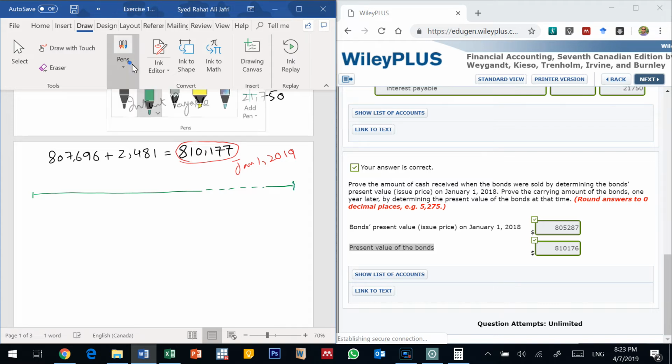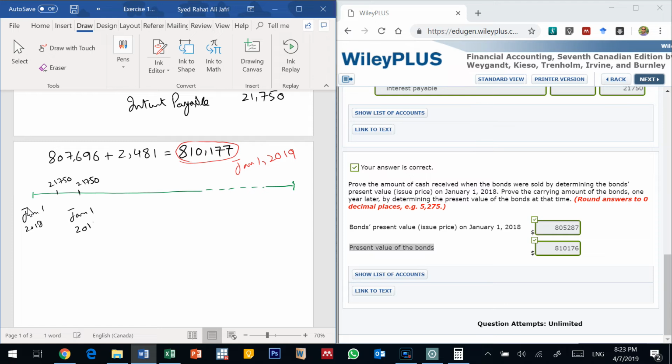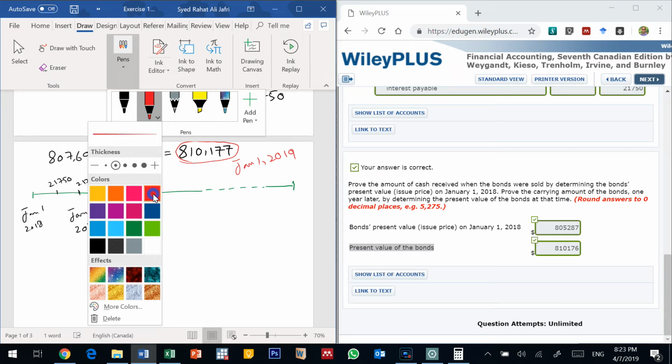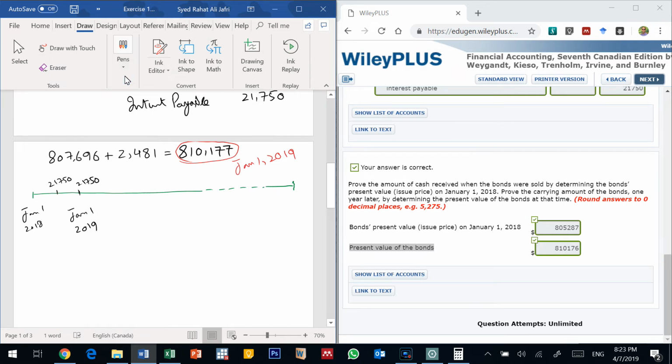The bond started on January 1st, 2018. It paid 2 payments in a year. Payment amount was $21,750. And this is where we are standing now, January 1st, 2019. And say the finance manager of Tarwa Limited is thinking about the price of this bond here.